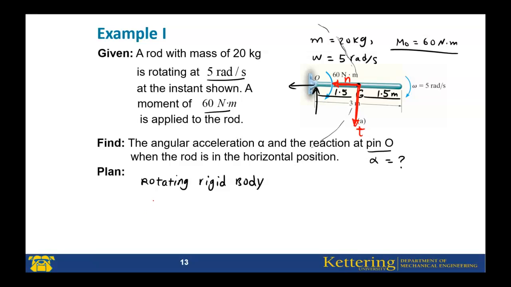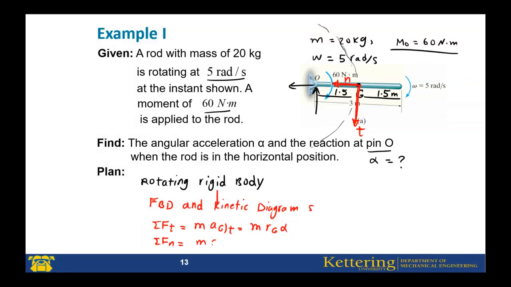Now, we already set up the coordinate system. Then I will draw a free body diagram and kinetic diagram. Then I will use these equations: summation of the forces along tangential equals m a_G tangential, or m r_G alpha; summation of the forces along normal equals m a_G normal, or m r_G omega squared.